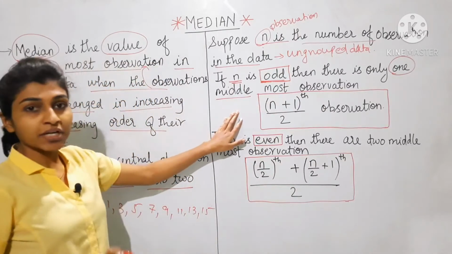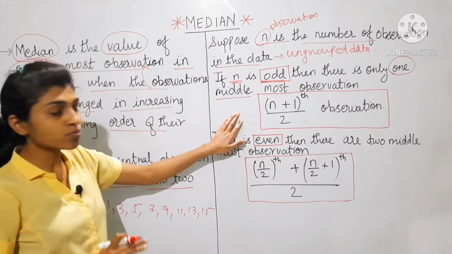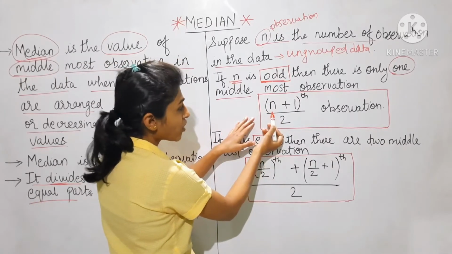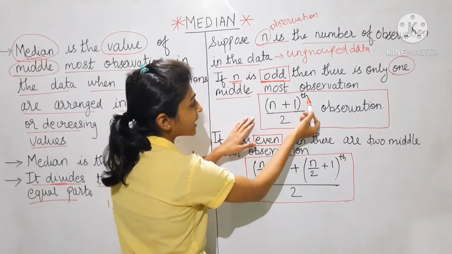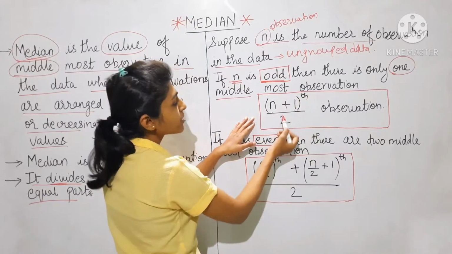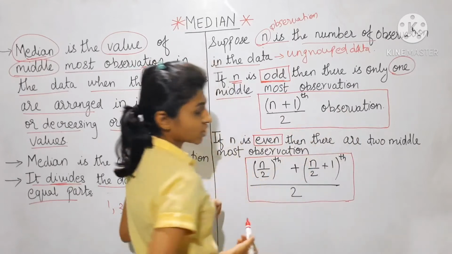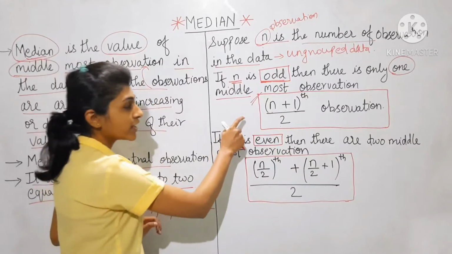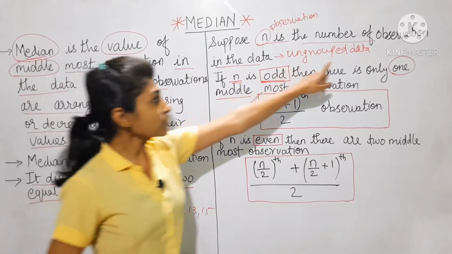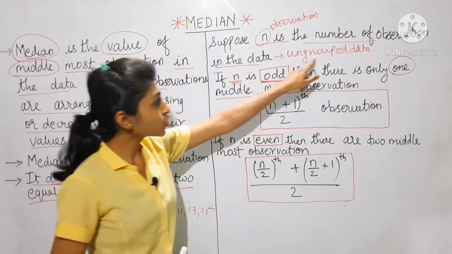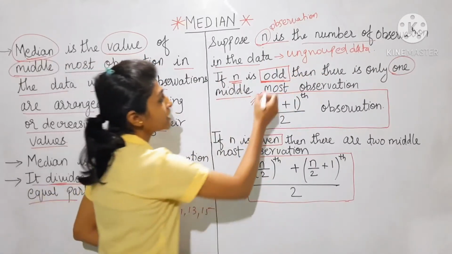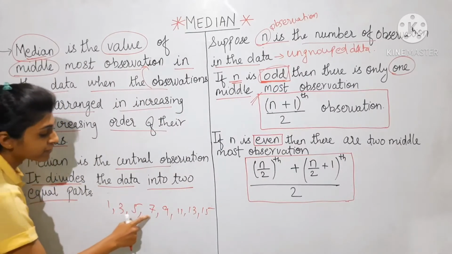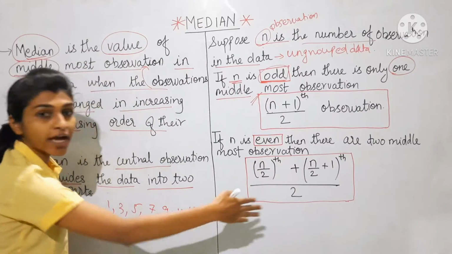To find the median for such odd-numbered observations, we have the formula: (n plus 1) divided by 2, the th observation. We use this formula to calculate the median for individual observations, that is ungrouped data, if the number of observations is odd. And odd numbers are 1, 3, 5, 7, 9, 11, 13, 15 and so on.